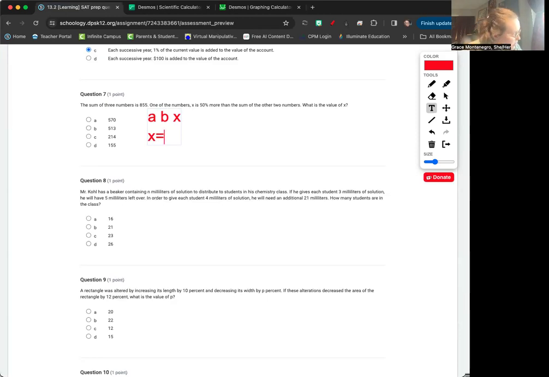There are 2 ways to think about that, and I can't remember which one I decided was right. I hope this explanation makes sense. I thought about it for a good minute off camera. X is 50% more than the sum of the other 2 numbers. That 50% more is a plus.